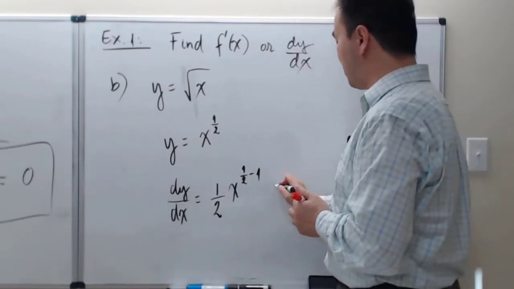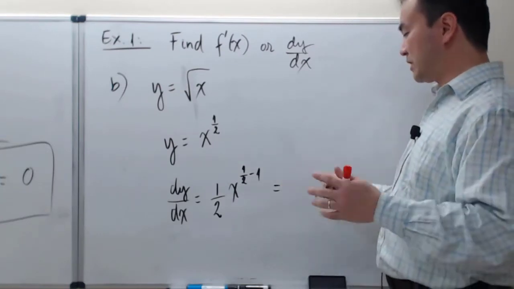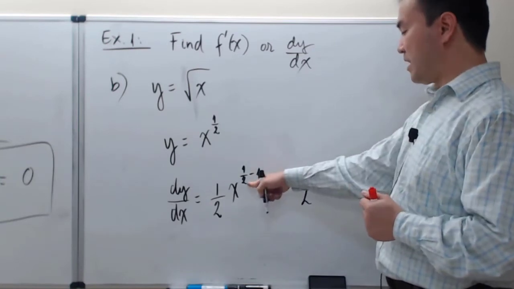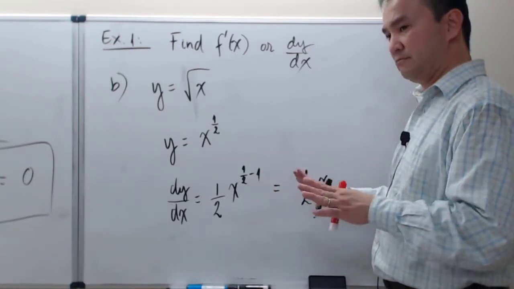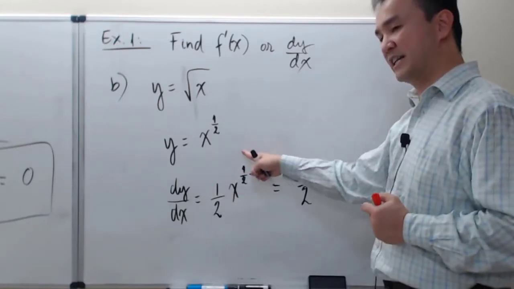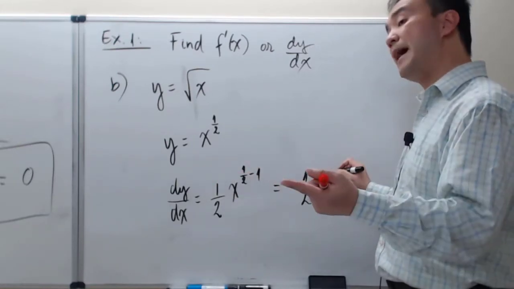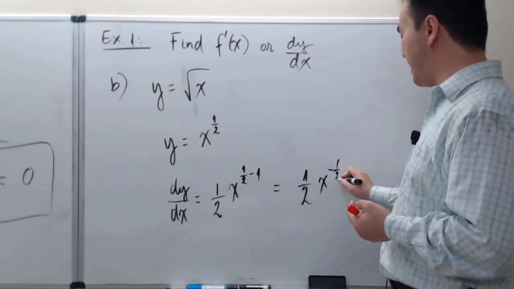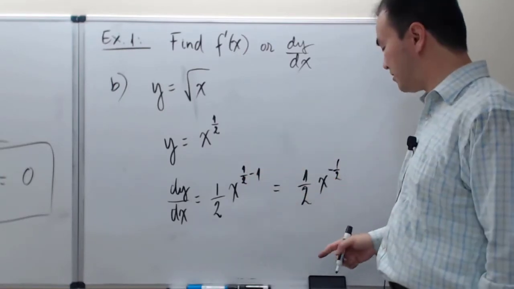So our final expression is 1/2 x to the 1/2 minus 1. You are in calculus, so you are expected to know what a negative power means. 1/2 minus 1 is a negative 1/2 power.